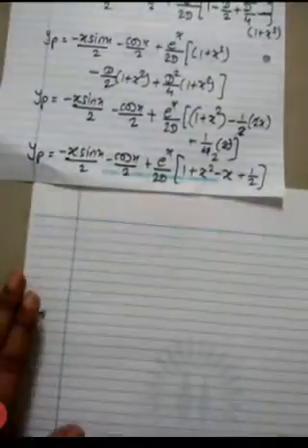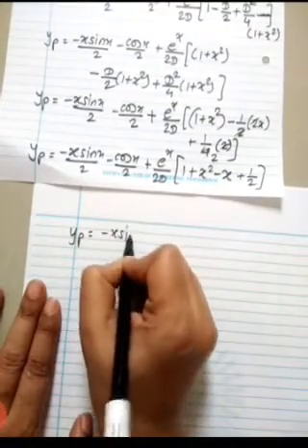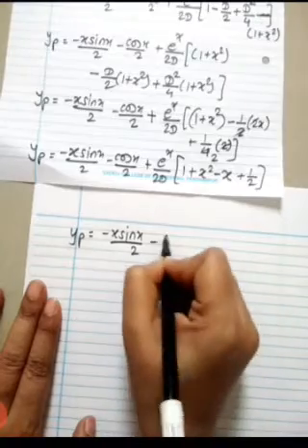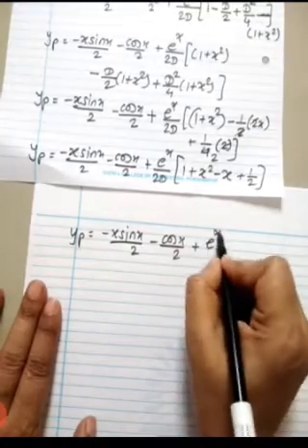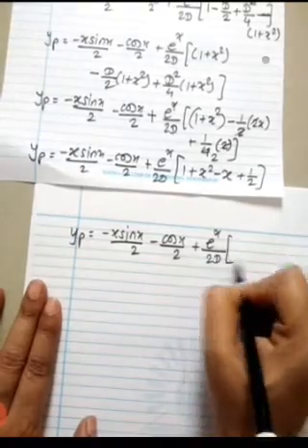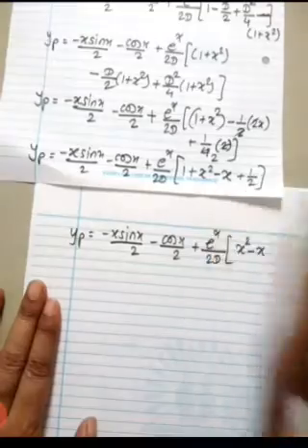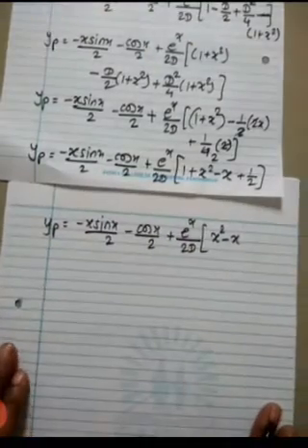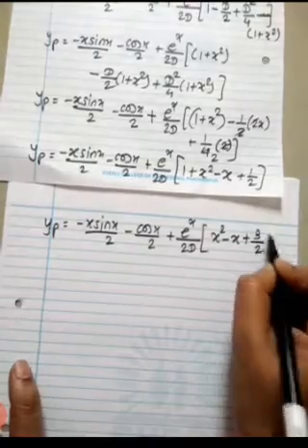That is equal to plus e raised to x by 2d. I will write it as it is again. And one more step, x square minus x, 1 plus 1 by 2. Constants we will collect: 1 plus 1 by 2, 3 by 2. Okay, this is the term now.